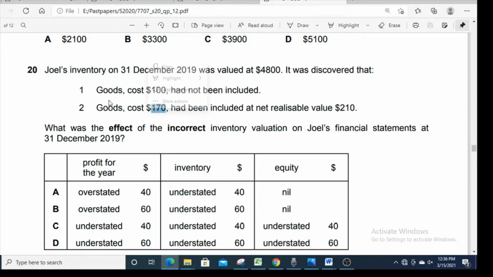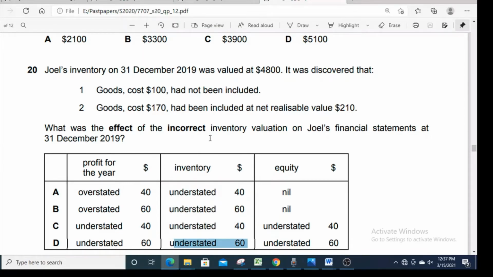So overall, in the first item, inventory is understated by 100 and here it's overstated by 40. So overall, inventory is understated by 60. Now, the relationship between closing inventory and profit for the year is direct.